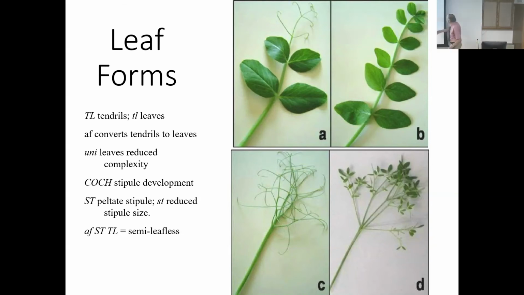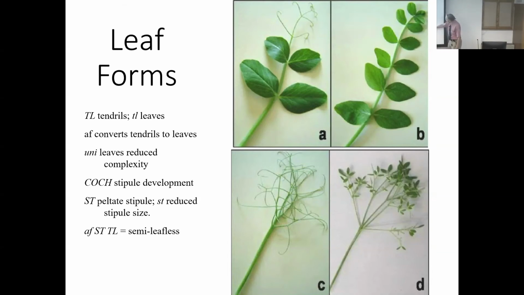You can have, this is the standard pea leaf. You can have more leaflets and no stipules. You can get rid of all the leaflets, and no tendrils. You can get rid of all the leaflets and the leaflets become tendrils.